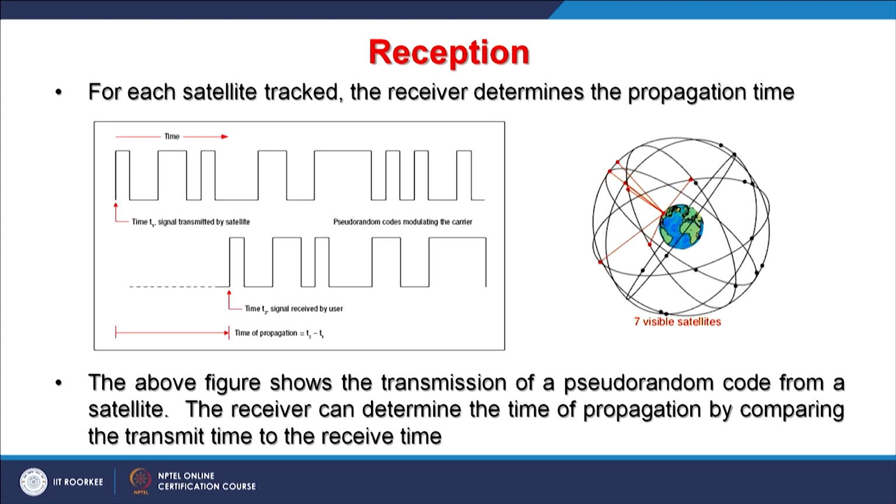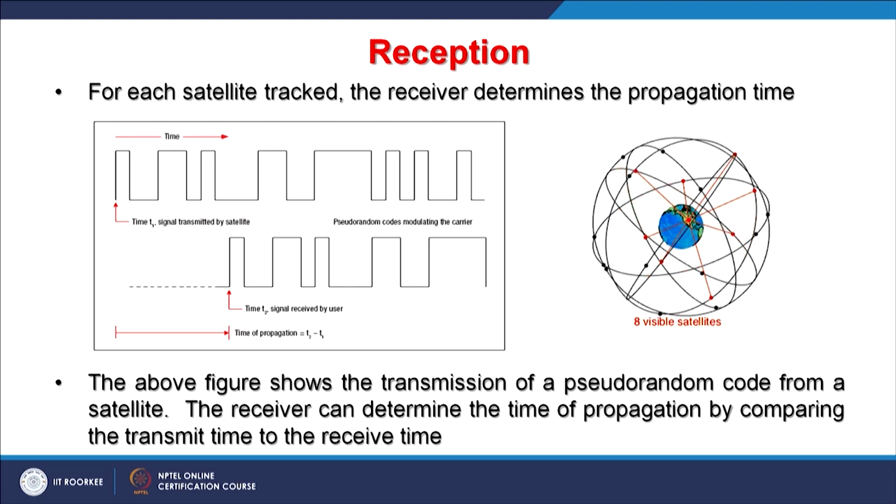As shown in this animation, at one particular location which is fixed on the globe, sometimes you are getting signals from 5 satellites, 6 satellites, and in this simulation it is assumed that you are in a very open area.